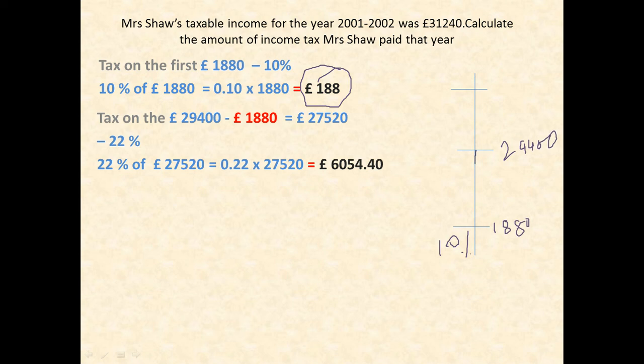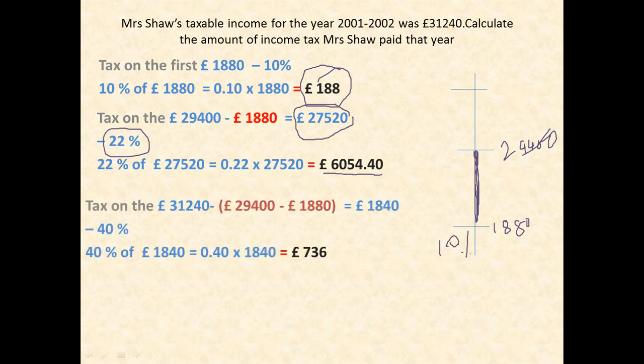After this, he has to pay income tax on this slab. This is the money that he'll pay income tax on, if you subtract this difference, 27,520 pounds, and income tax as per the slab is 22%, which is 6054.40.